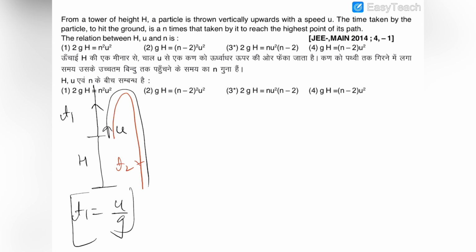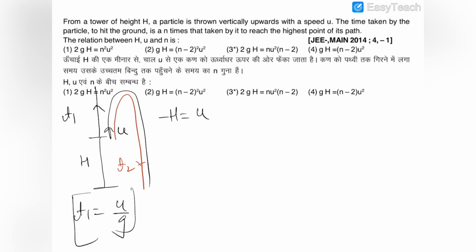If we use the second equation of motion, starting from this point and ending on this point, the net displacement is minus h, because the net displacement is in the downward direction and its magnitude is h. The initial velocity was u in the upward direction, which I have considered to be positive, and the time t2 it would take to reach the ground is n times t1, which is n u by g.